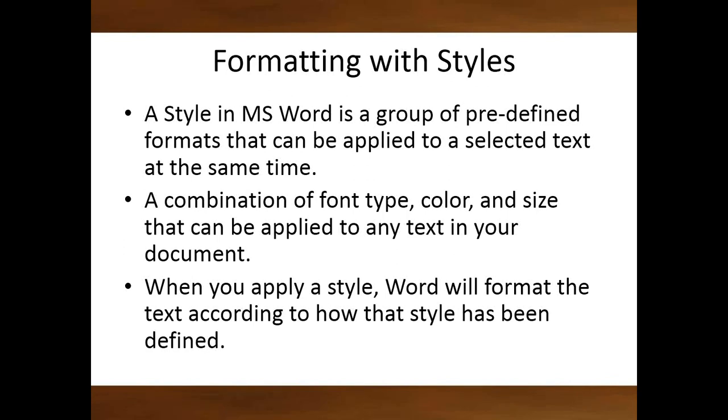When we talk about a style in Microsoft Word, it is a group of predefined formats that can be applied to a selected text at the same time. That is, a style is a combination of font type, font color, font size, and other formats that can be applied to any text in your document.